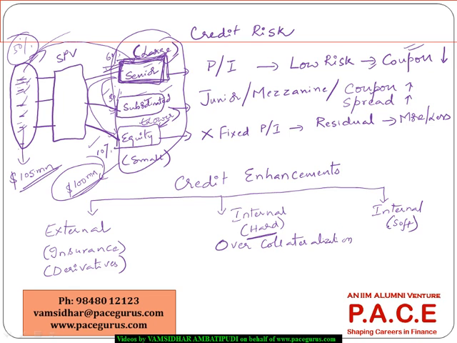Whereas on the other side, we talk about excess spread, which is the protection that comes because of the difference between the cash inflows that are coming from the collaterals, from the loans in the form of interest and principal payments, and the cash outflows, the interest and the principal that need to be paid to all these groups.